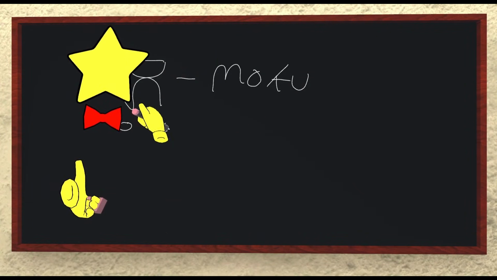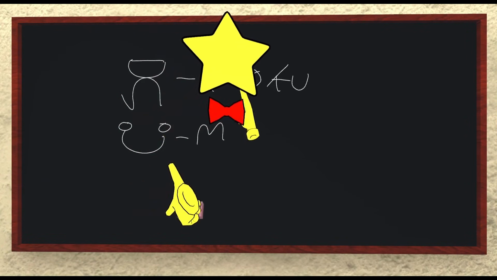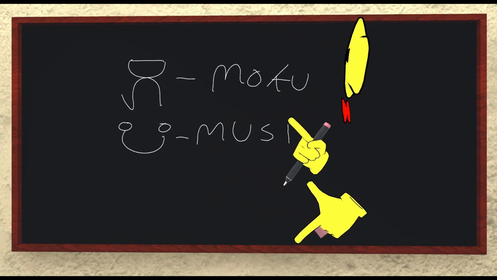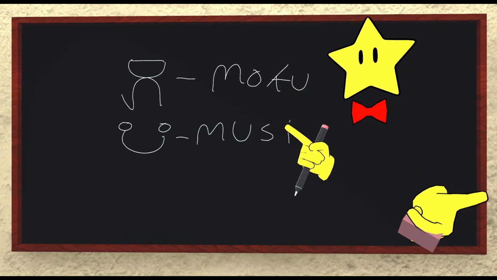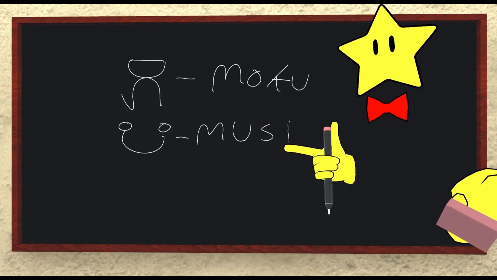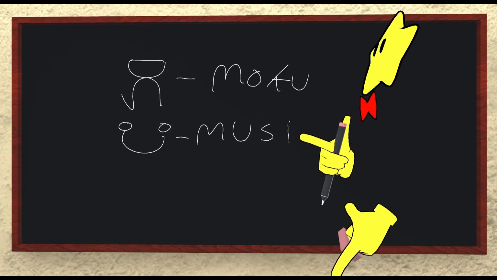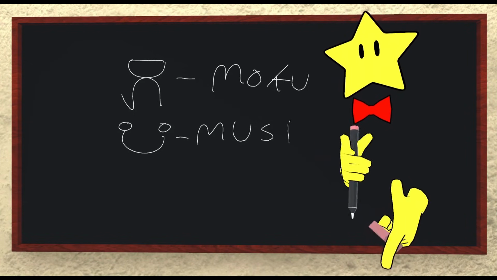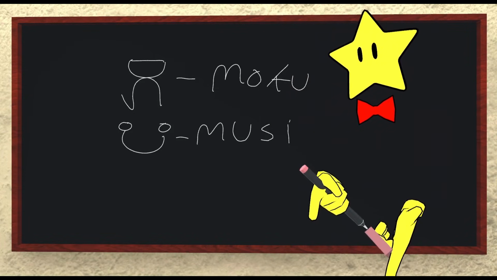Then we have musi, M-U-S-I. And musi refers to all kinds of entertainment, fun, enjoyment. Musi is, again, a very broad concept, and it can also refer to both something being amusing and somebody being amused.